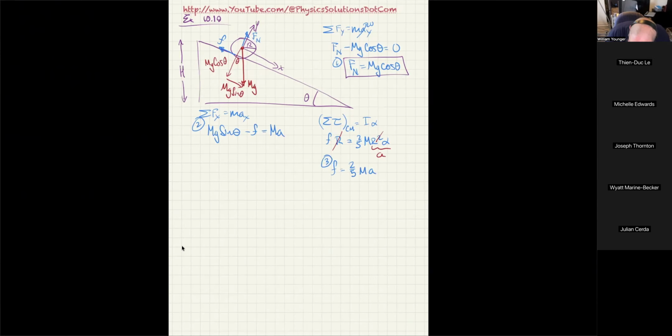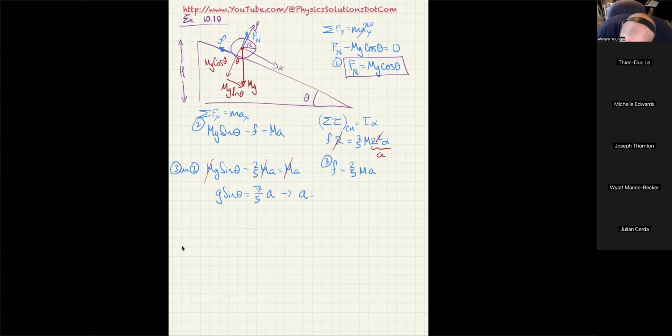Now I can plug 3 into 2, and that gives me mg sine theta minus 2/5 ma is equal to ma. So we can see there's a common factor of m that all cancels out. And now we can say g sine theta is equal to 1a plus 2/5 a. That'd be 5/5 plus 2/5. That's 7/5 a.